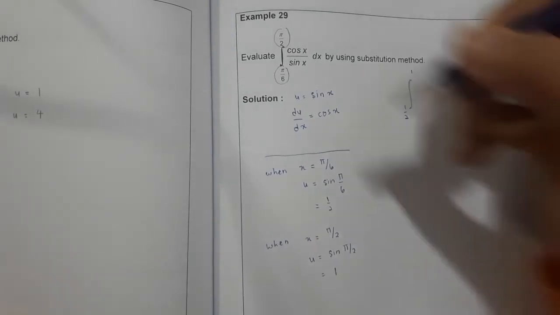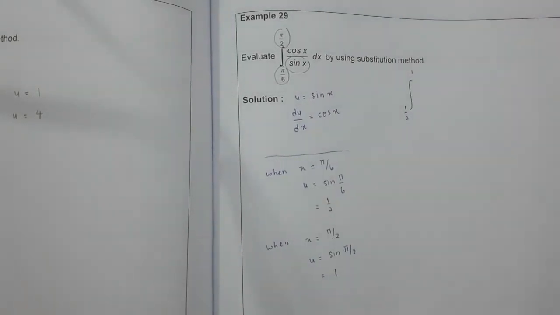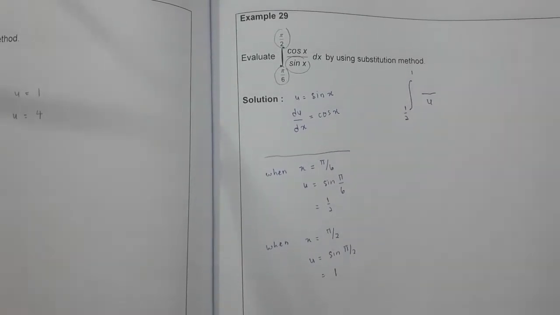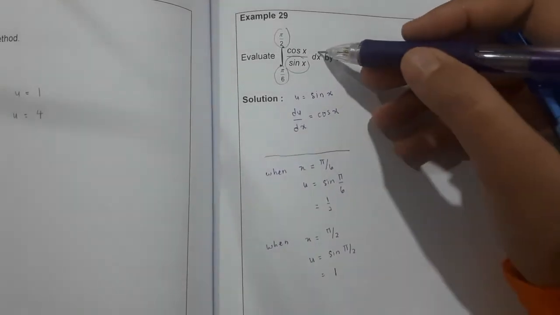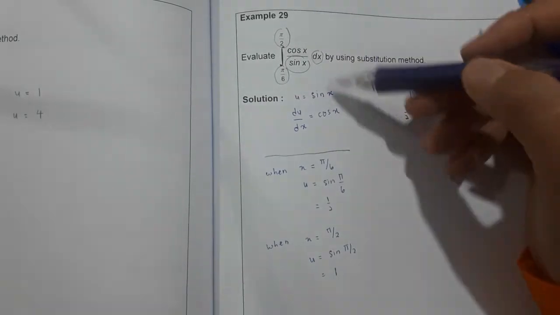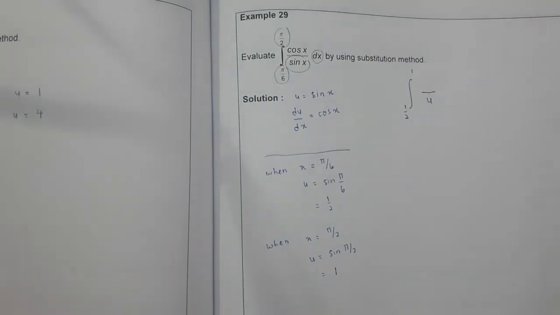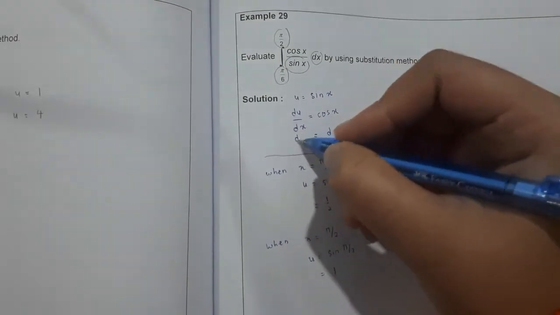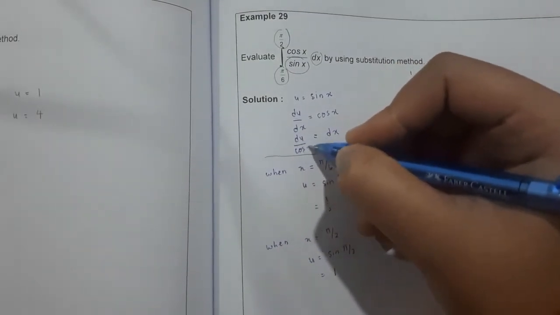Okay, next I want to replace sine x. Sine x is u. And then replace dx. We can take dx from this equation. So dx equal du over cos x.